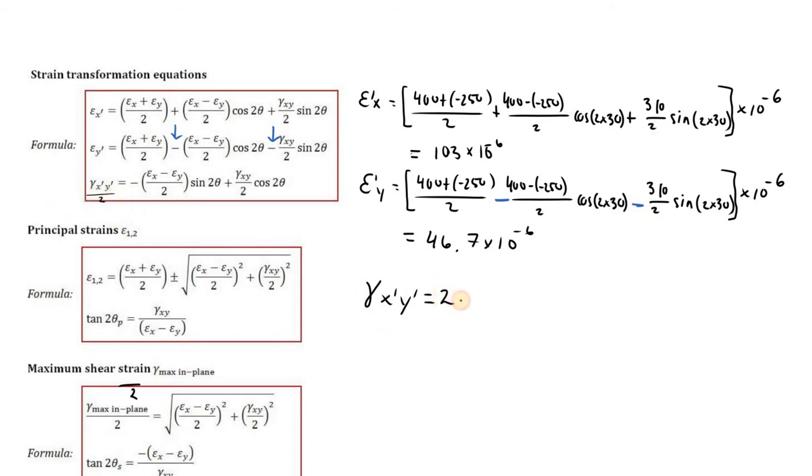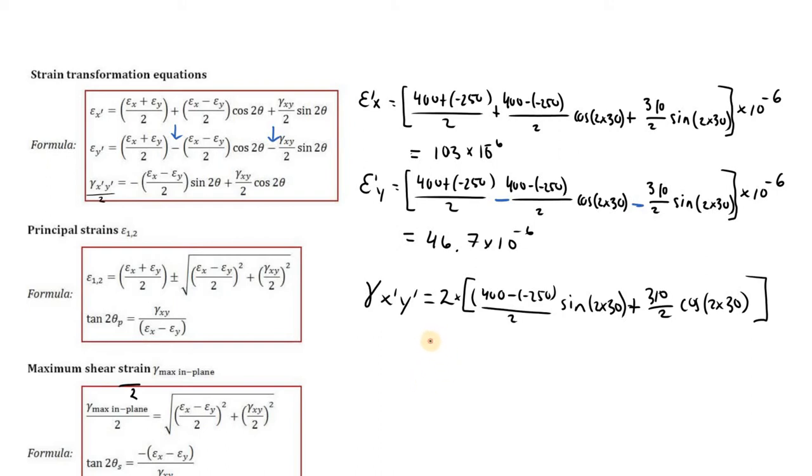I'm just going to put that on this side, so times 2, my 400 minus 250 divided by 2 plus sine 2 times the transformation of 30 plus my shear strain 310 divided by 2 cos 2 times the transformation of 30, and there we have it.